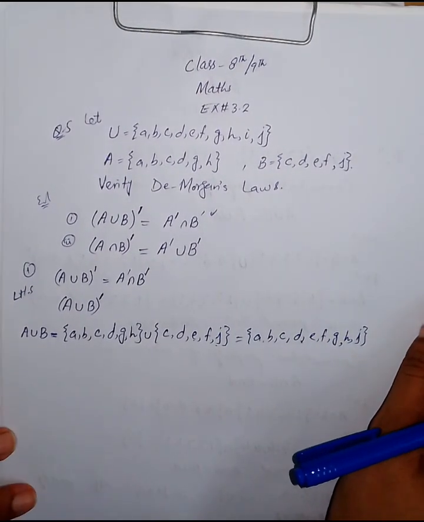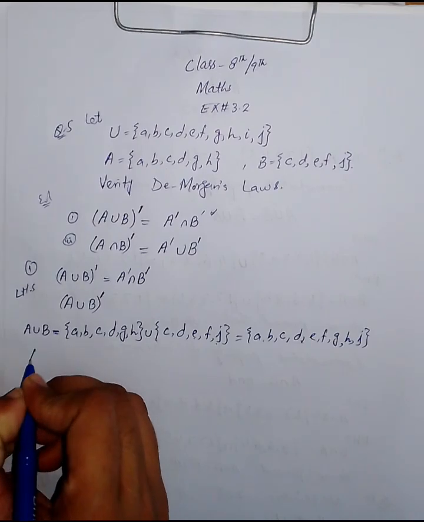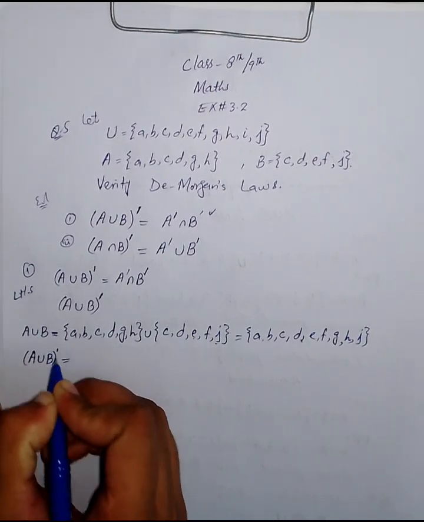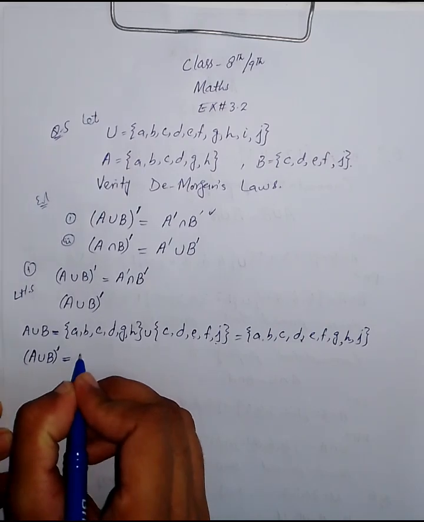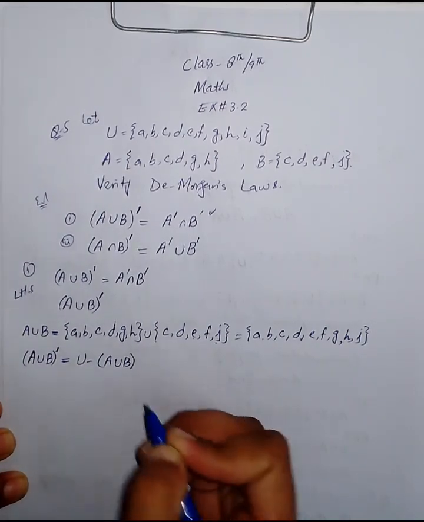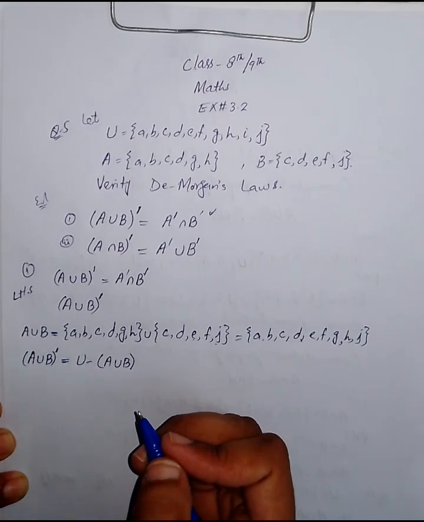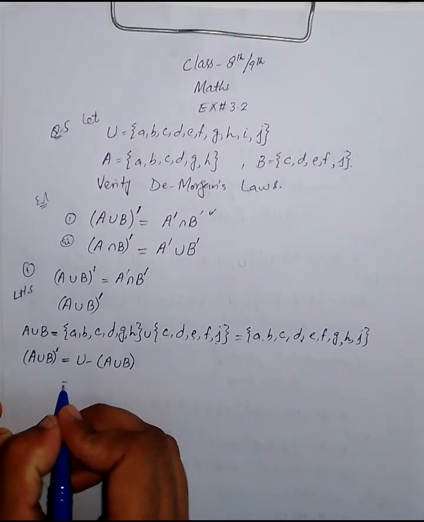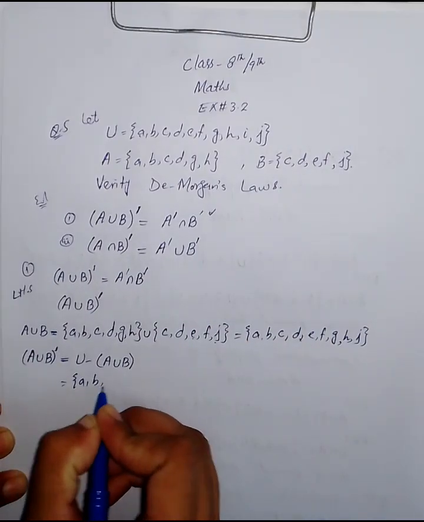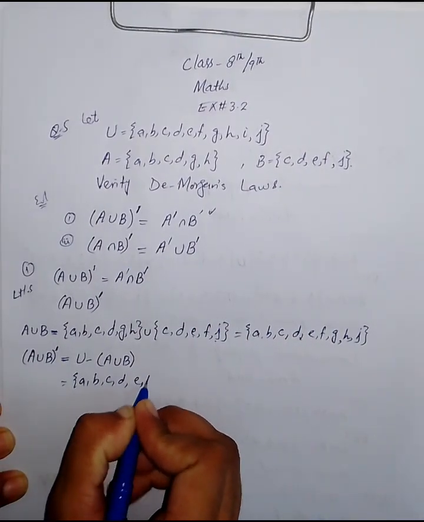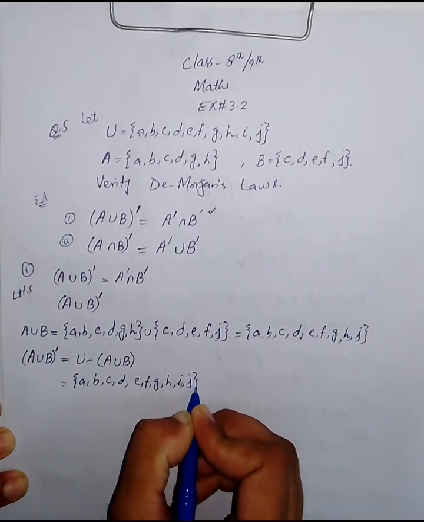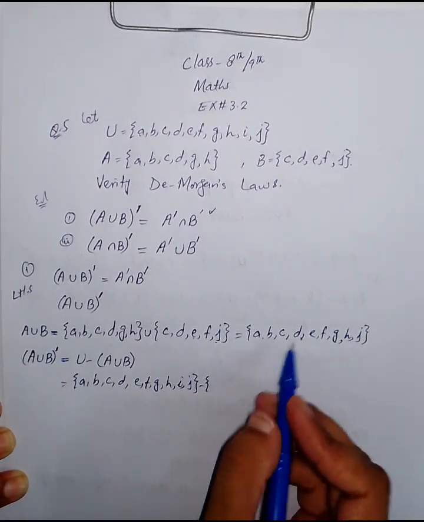Now I have to take the complement of this A union B. A union B complement basically equals the difference of the universal set U with A union B. So this is equal to U difference A union B. Now what's U? A to J: A, B, C, D, E, F, G, H, I, J. Difference.